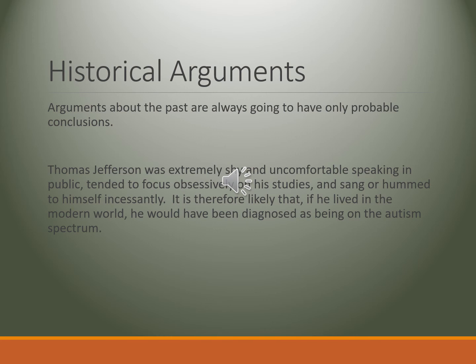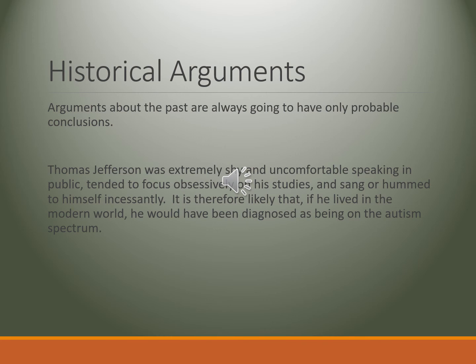We're basing our conclusion on information about Thomas Jefferson, what people said about him, which may be more or less correct, but even so, this conclusion, even if it is reliable, can only be reliable to a certain percentage and isn't necessarily the case.